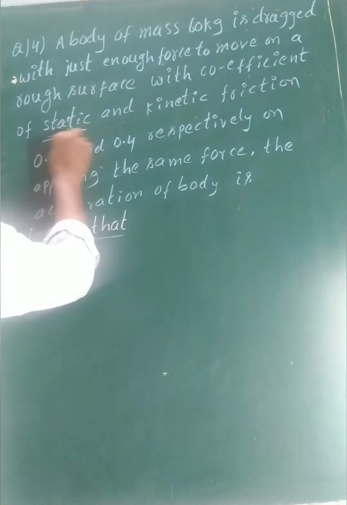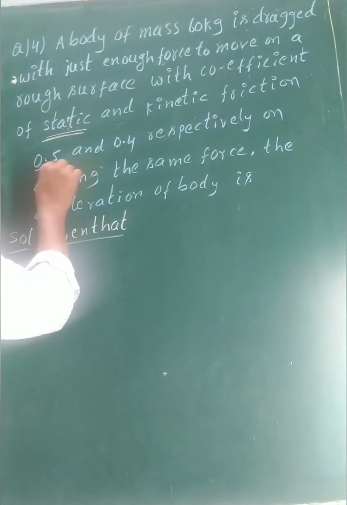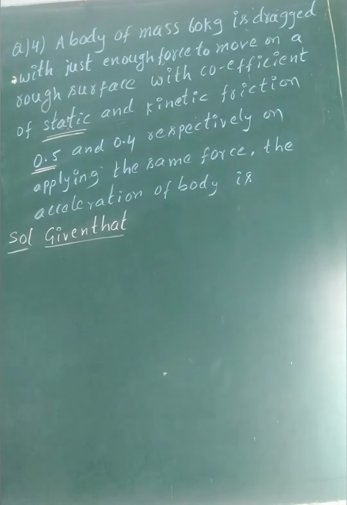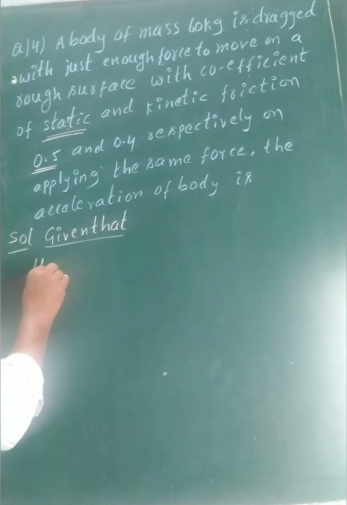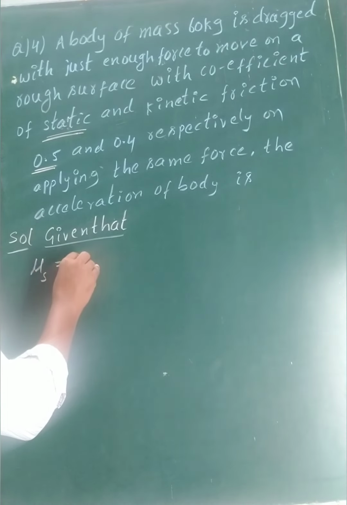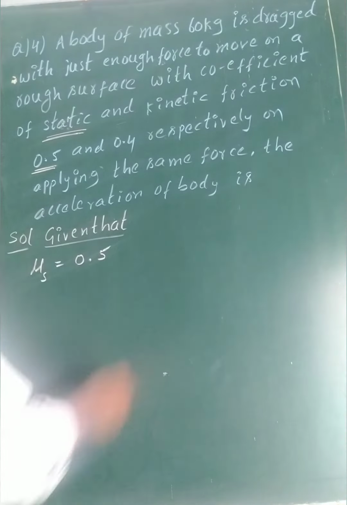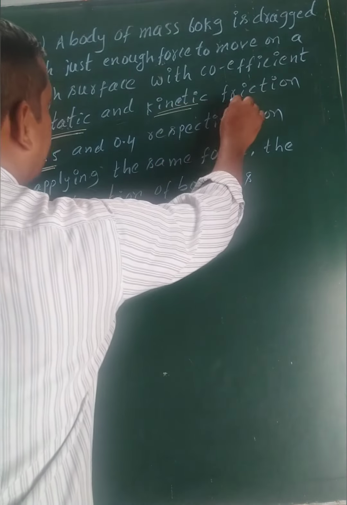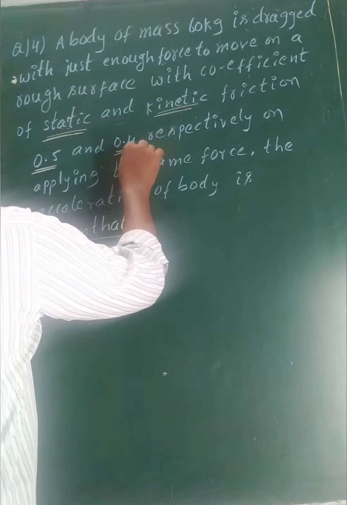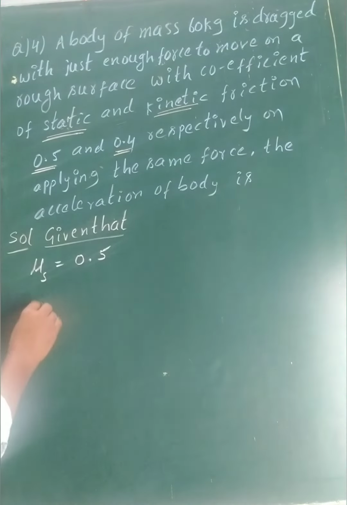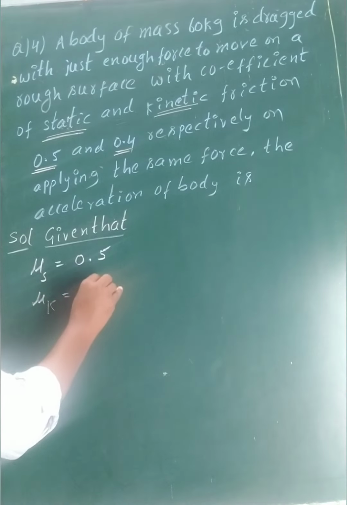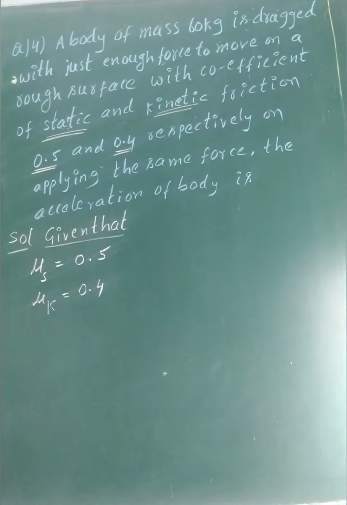First, static friction is given: static friction is 0.5, so mu s is equivalent to 0.5. Next, kinetic friction is given, its value is 0.4. Mu k is 0.4.